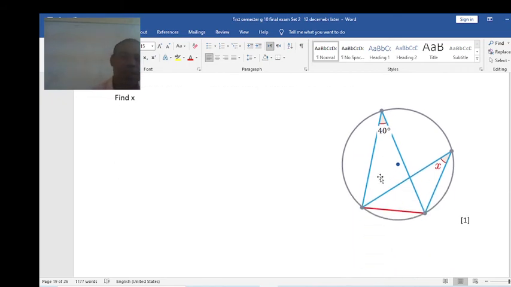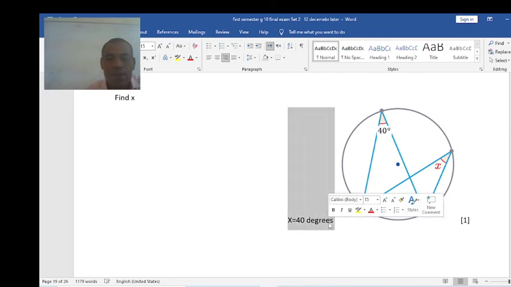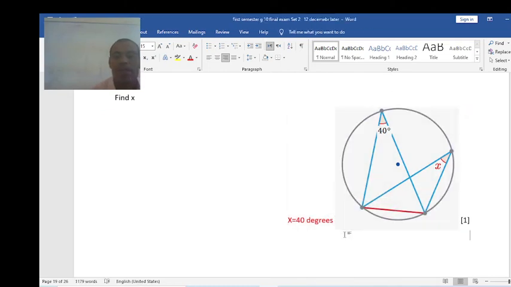So X equals 40 degrees, because the center theorem states that the angle at the circumference is half the angle at the center.